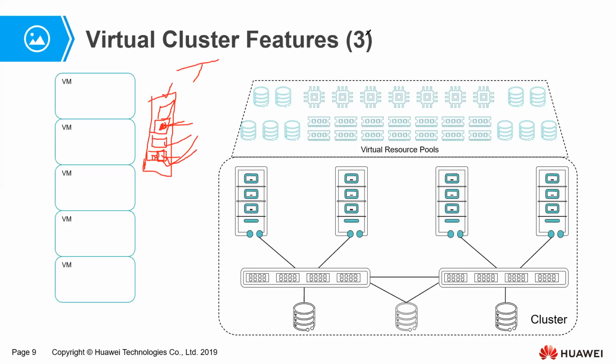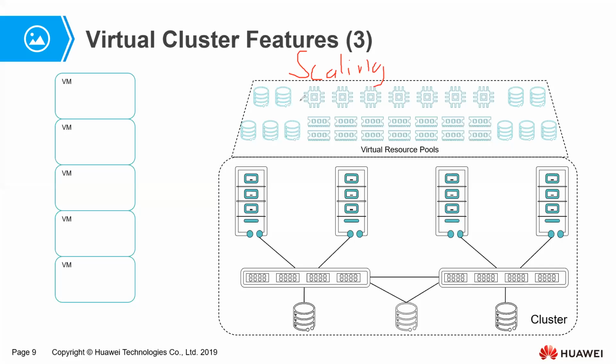So one of the benefits of virtualization is that we can use the scalability feature so that we can either increase our resources or decrease them as we need to, accordingly, okay?